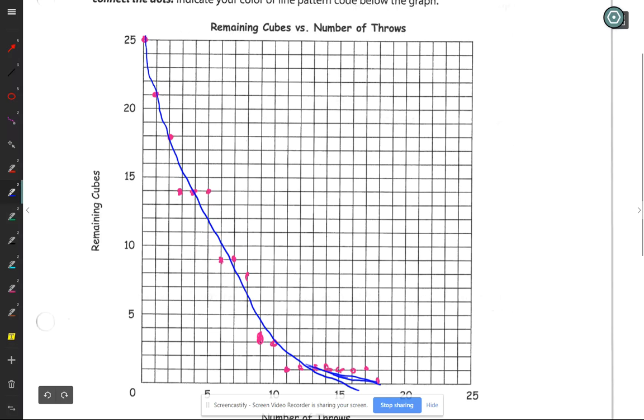Like that. Anyway, so you draw that smooth curve, and then make sure you label so it's clear to the grader, otherwise known as Nathan. That was removing the ones.